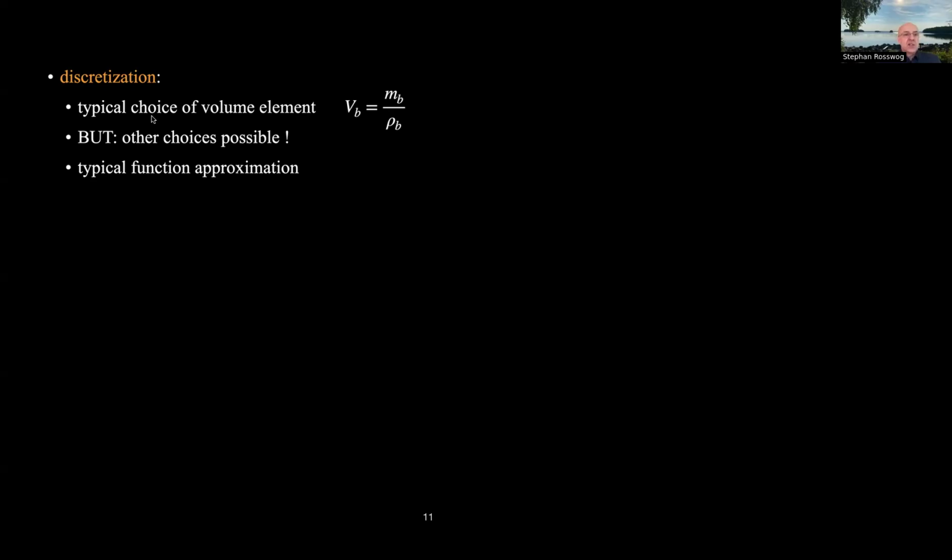And then say, just with these principles, you have then a typical function approximation looking like this. So if you're at some position R, you have to figure out what are the neighbor particles and then take the volume elements, multiply here by this function at the particle positions. So this label B is over the particle positions. And then you need to evaluate this kernel function here.